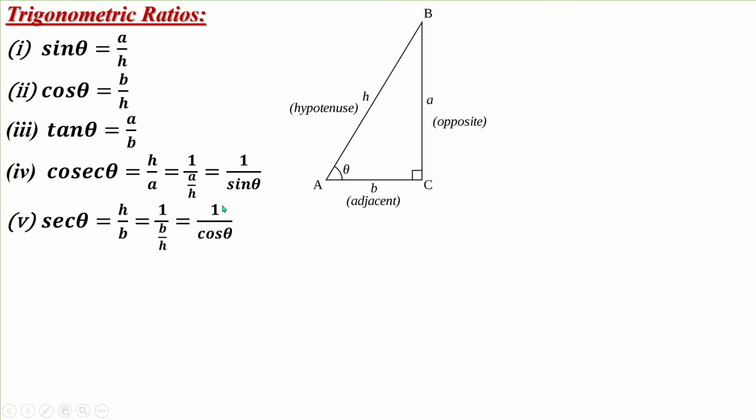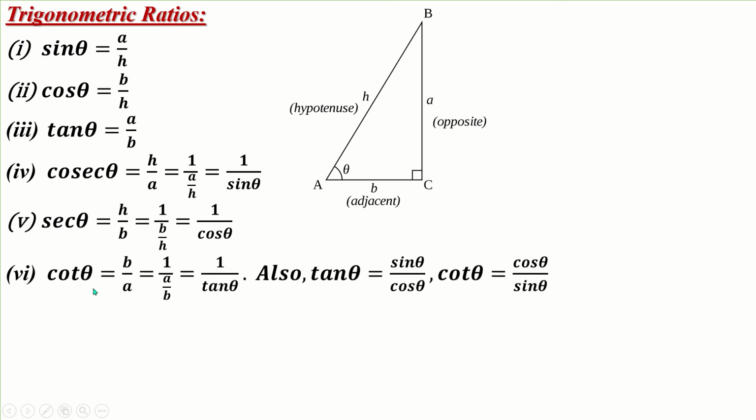Similarly, sec theta equals 1 by cos theta, cot theta equals 1 by tan theta, also tan theta equals sin theta by cos theta, and cot theta equals cos theta by sin theta.